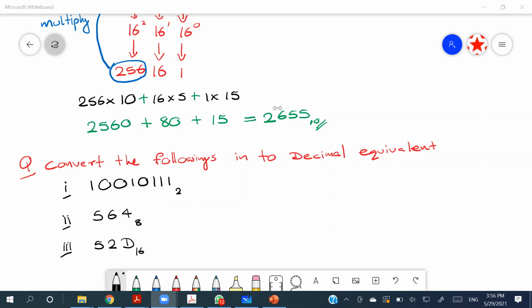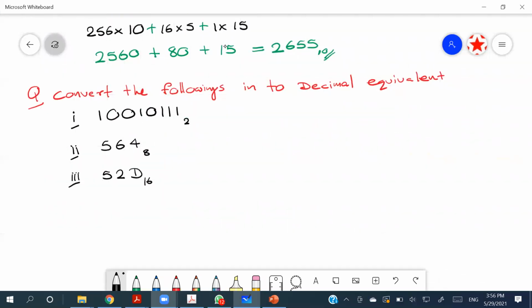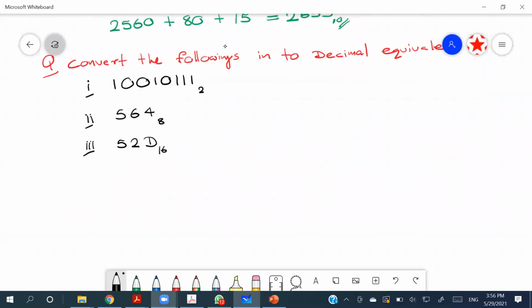Right. So let me do the third one since some are struggling to get the answer of the third. So third one is 5BD in base 16. So if I think about the place values, Udamya's answers are correct.